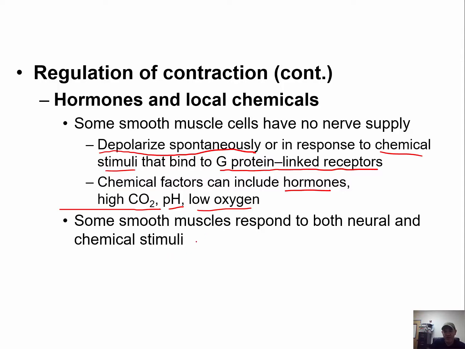Some smooth muscle can also respond to neural as well as chemical stimuli. So in some cases, there is no nerve supply and it's depolarizing spontaneously or with chemical stimulus, as mentioned above. And in other areas of the body, smooth muscle can respond both to nerve supply and to chemical stimuli.